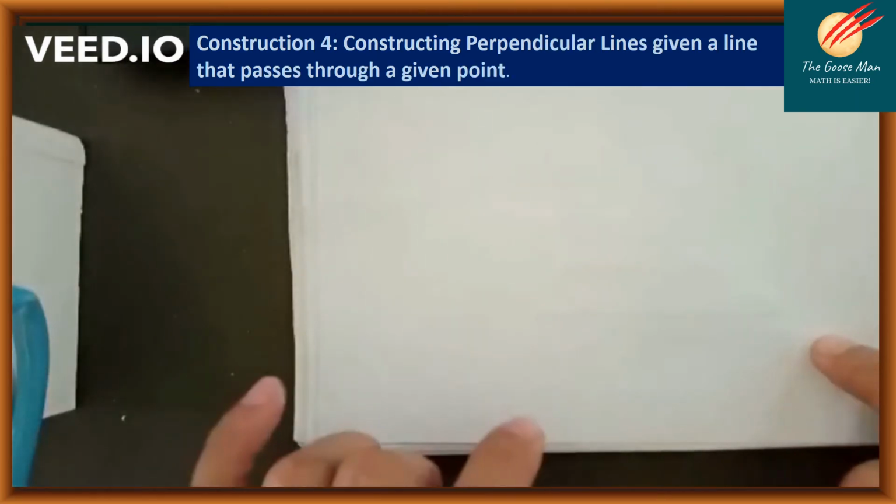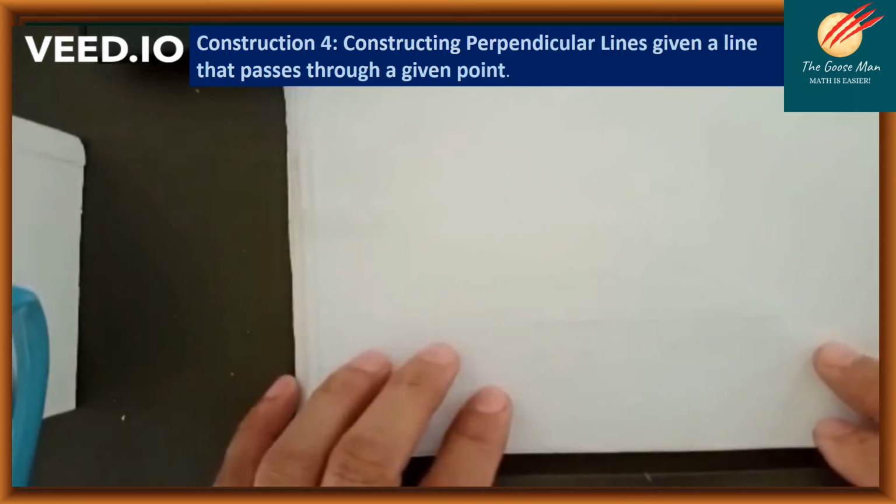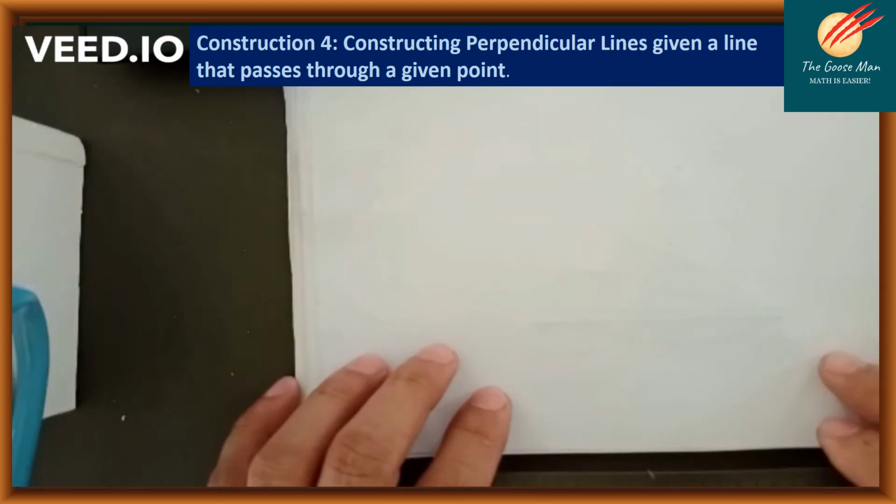So let's move on to construction number 4, constructing a perpendicular line to a given line that passes through a given point.